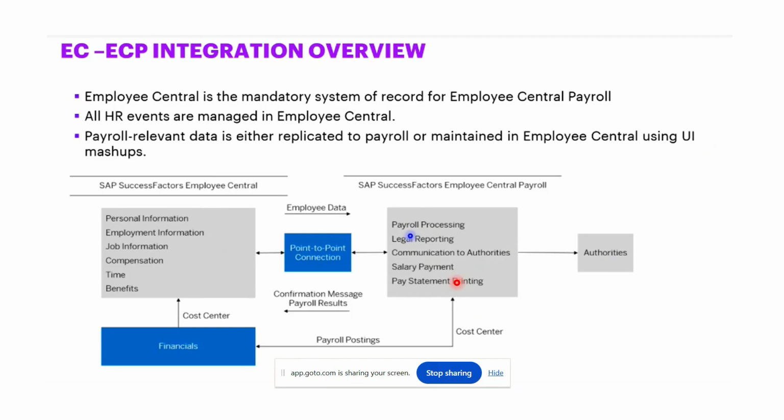PeopleSoft, if any of you have heard, is also one of the oldest ERPs. PeopleSoft, Oracle ERP, JD Edwards, most of these were on-prem, and you needed to memorize your transaction code and path. Now resources are hard to find, it takes time to train, and overall it is costly to maintain.